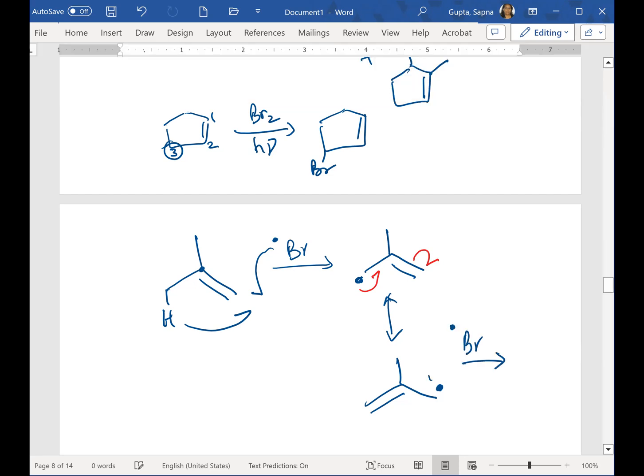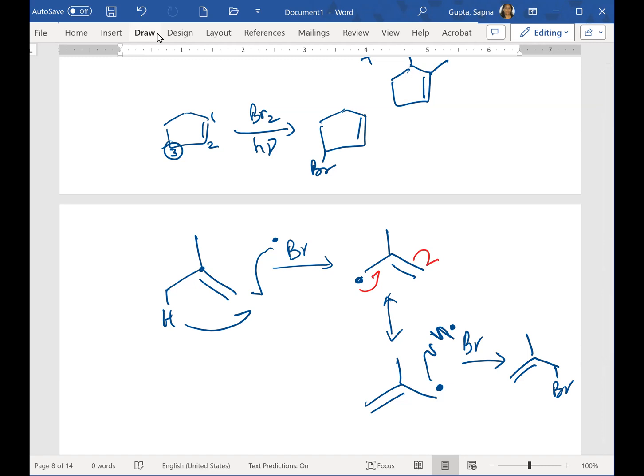And now all we need to do, the last step, is just join in. I know the arrows look really weird. Yours will too, I think. So that's all you will form. You will get substitution only on the allylic carbon, because of the resonance structure.